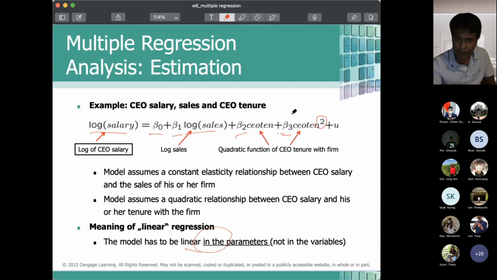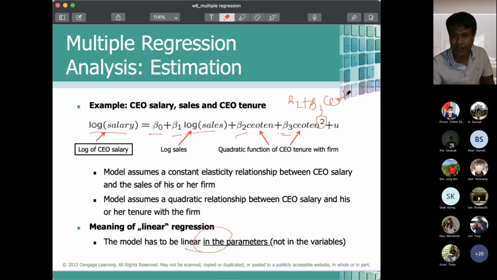If you do partial derivative with respect to the CEO 10 years, because your independent variable of interest is CEO in 10 years, then we will have delta 2 plus delta 3 CEO 10 years.